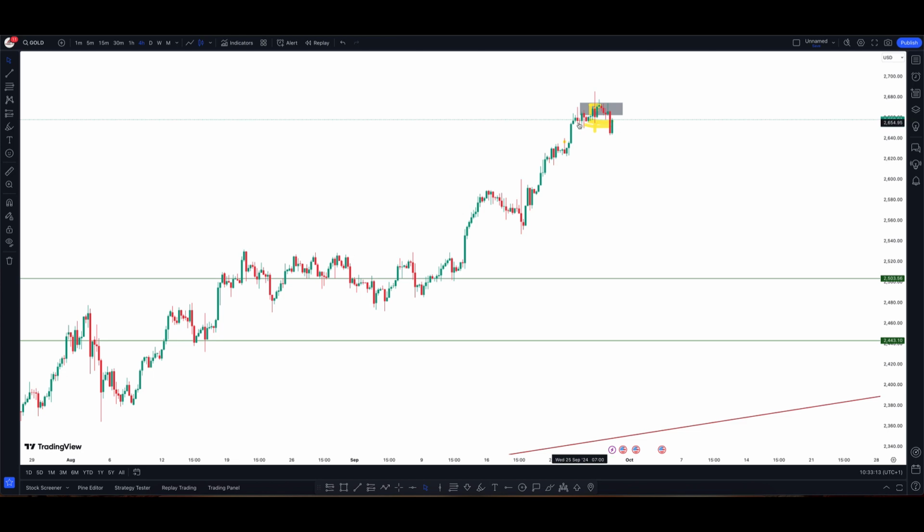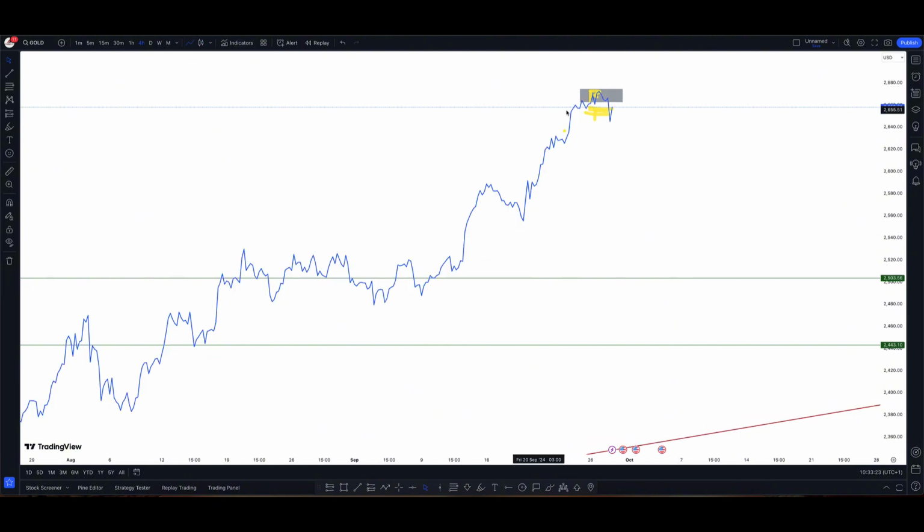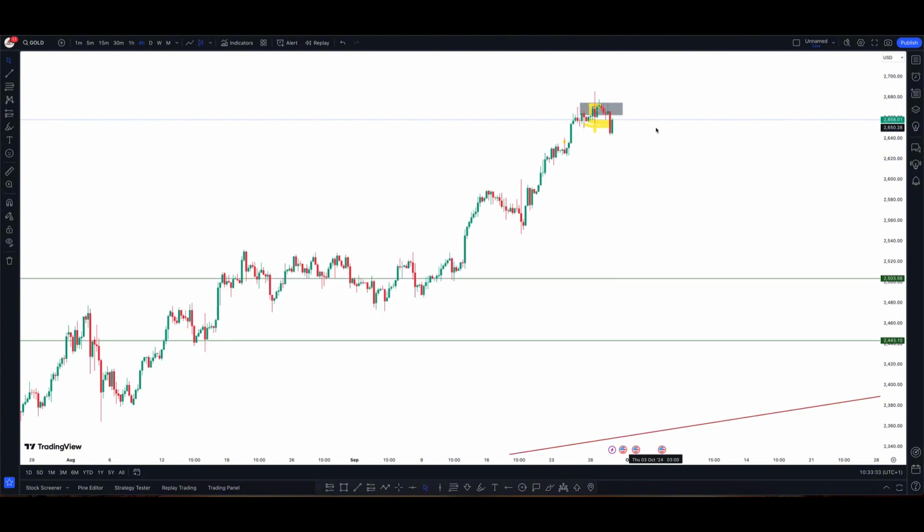Here you can see that it broke this and this support here, so support has turned to resistance, and there is also a kind of head and shoulder on this 4 hours again, because we can use it as shoulder and head and shoulder, and it's coming back. So 4 hours is also confirming a downtrend right now.